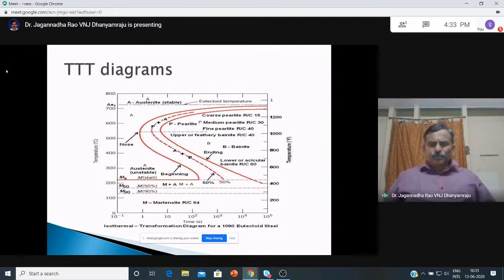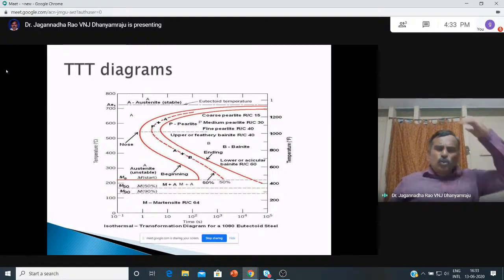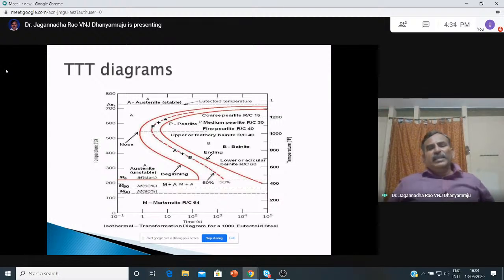But however, when you cross the acicular bainite range, that means if you increase your cooling rate further, you will end up with martensite, right? But in order to get full martensite, your cooling curve should not cross the nose region of the TTT diagram.